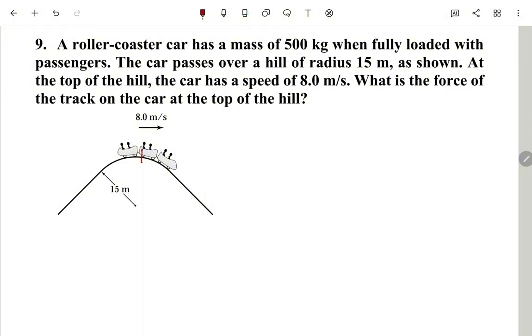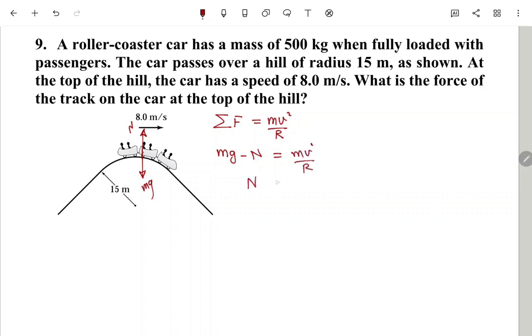So what we're looking for here is the force exerted by the track on the car itself. So if we draw the free body diagram here, we have the weight, mg, and we have the normal. And the normal in this case is the force exerted by the track on the passengers. In this case, sum of all forces, it's equal to mv square over r. And in this case, mg minus normal equal to mv square over r.